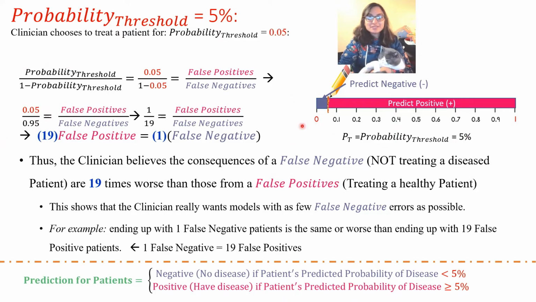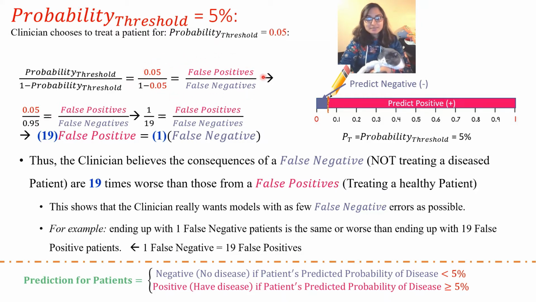So what this threshold of 5% means: we can put in for probability threshold divided by 1 minus probability threshold, we put in 5% for the threshold divided by 1 minus 5%, and then we set this equal to false positives over false negatives using the idea from decision curve analysis. So this is what the formula becomes here.